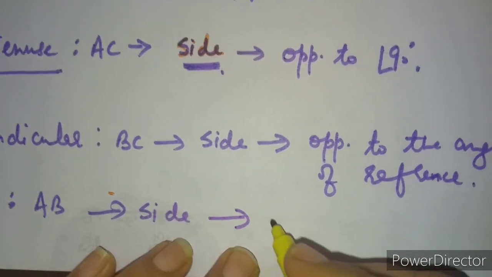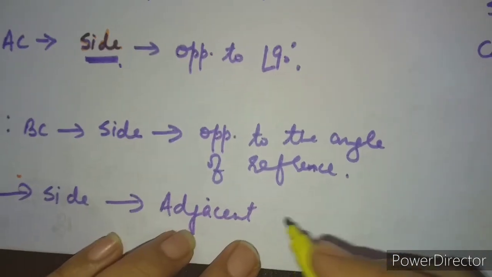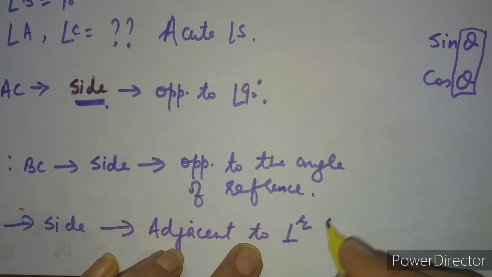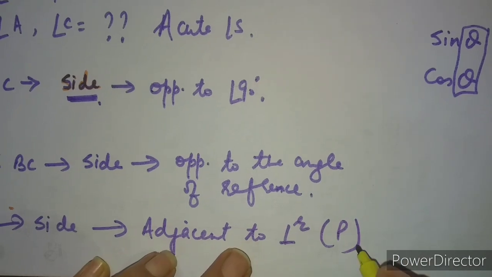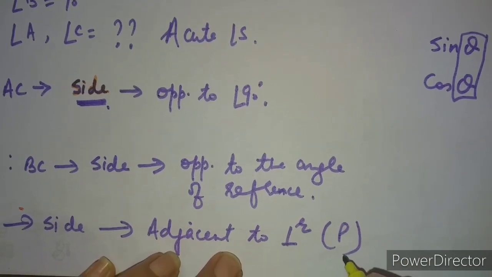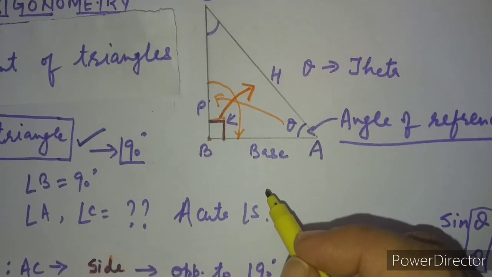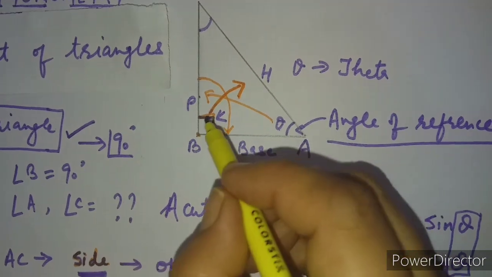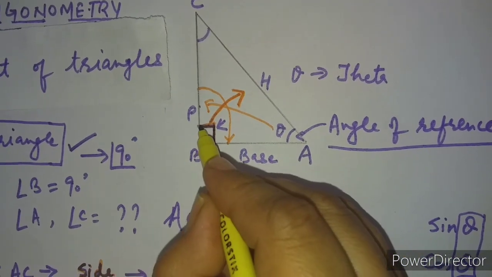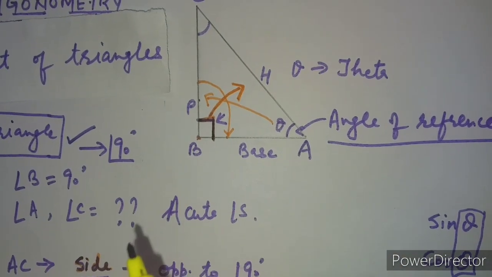So the base AB is again the name of a side only. And what is the definition? The side which is adjacent or neighboring to the perpendicular. This is the sign of perpendicular. You may write it P also, right? Perpendicular means the angle of 90 degree, the side which contains the angle of 90 degree. So it is clear now that there are two sides which contain the angle of 90 degree, because sides and angles are two different things.